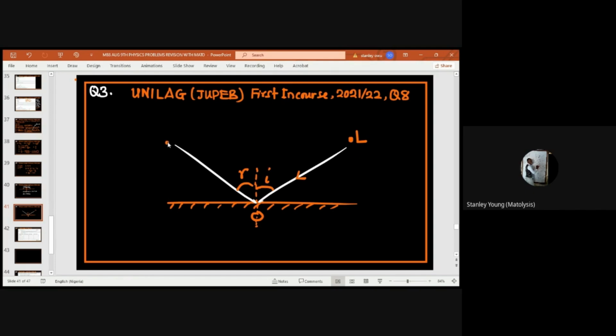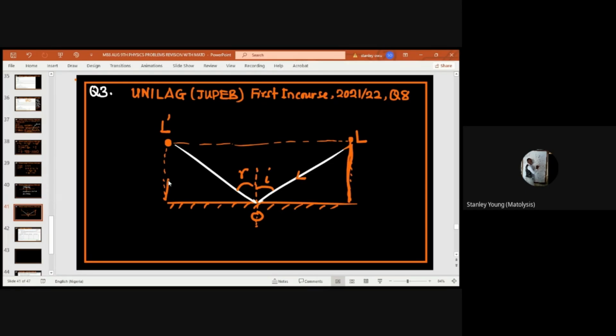The question asks you to use a dot to represent the image. We expect the image to be at the same distance behind the mirror. This is the object distance, and this is going to be the image distance. So the image position we are asked to label is L prime. If you want to obtain this geometrically, you draw a straight horizontal line this way and also measure the distance from here.